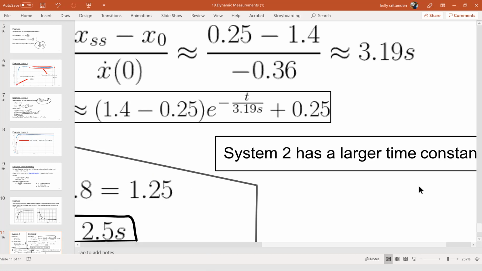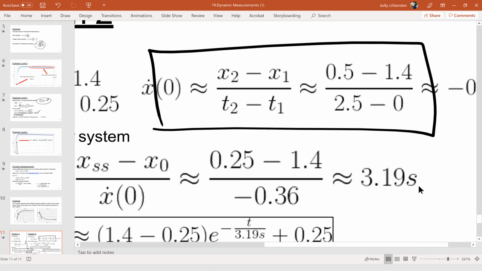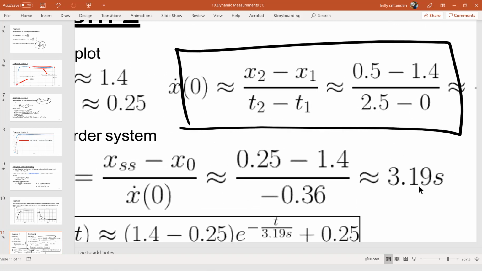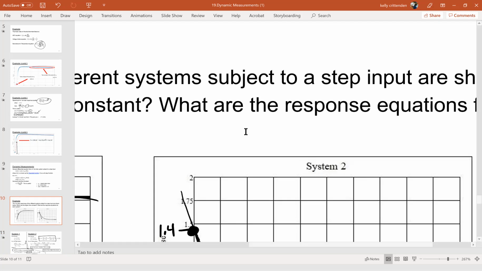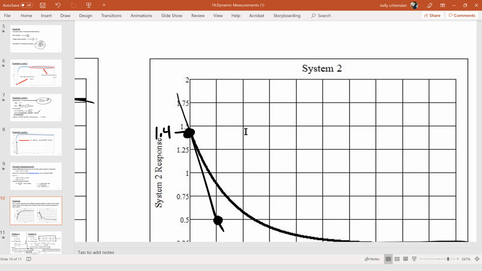Anyway, I think they actually picked the point that I drew through, because they're using x and t. So t is actually the x-axis, and x2, x1 are actually y values on the chart. So they did pick 0 and 1.4. So that's this point: x of 0, y of 1.4.